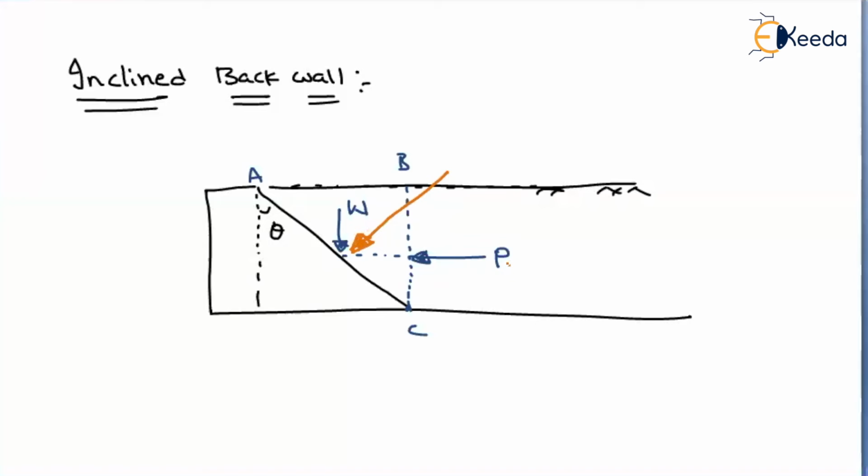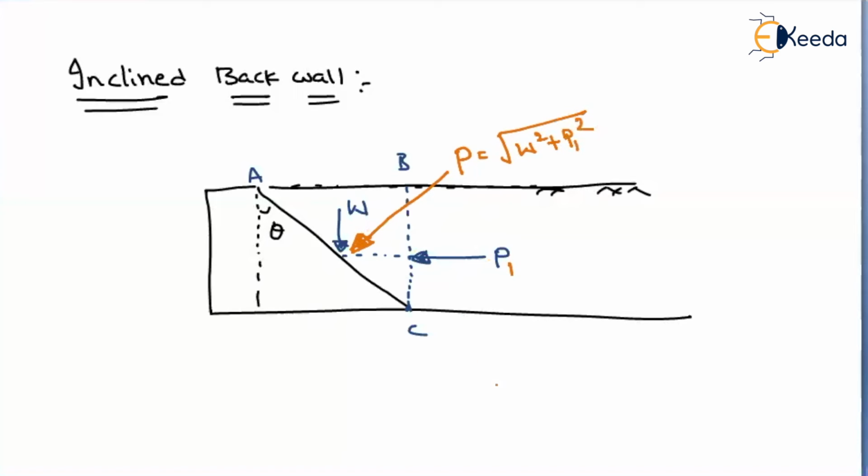Let us say this is P1. This is not exactly the earth pressure. Why? Because we are considering it as an imaginary surface. So the earth pressure will be this magnitude P. How can we find that? That will be nothing but under the root W square plus P1 square.